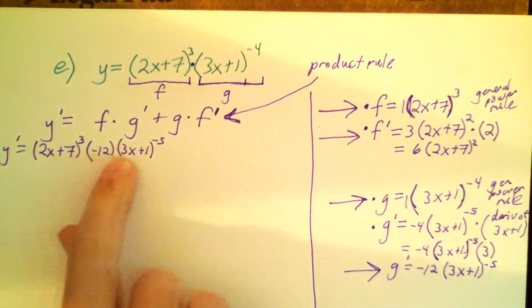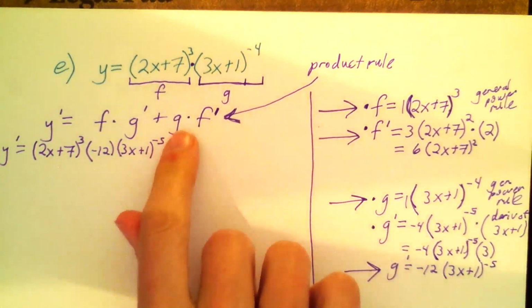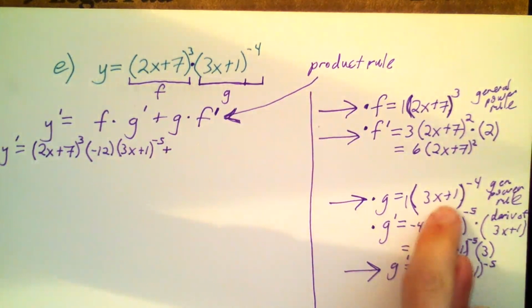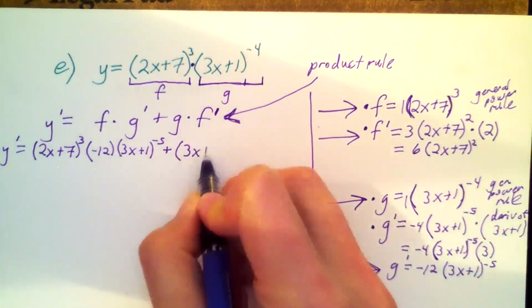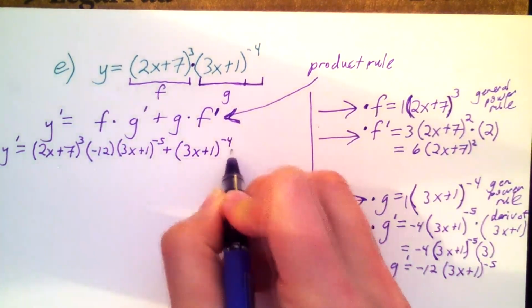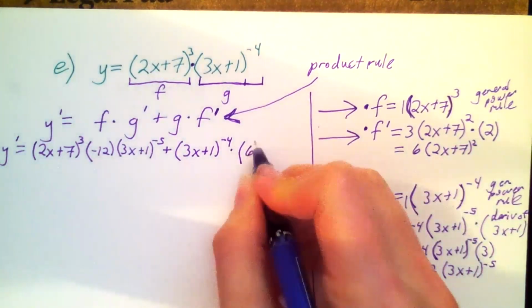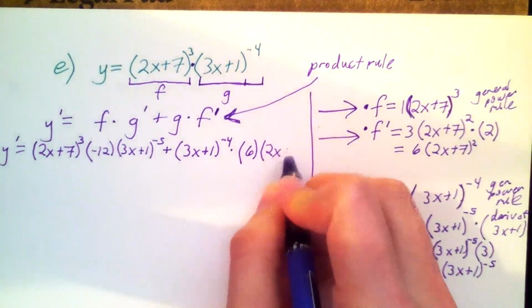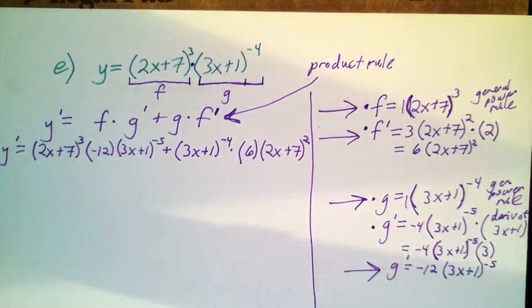So f times g prime plus g. Here's g. (3x plus 1) to the minus 4, times f prime, which is right there. It's a bit of a mouthful there. But this is the derivative. As soon as you write it in the product rule order formula, you are done.